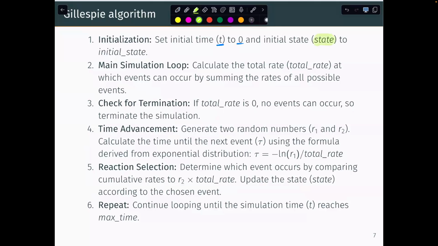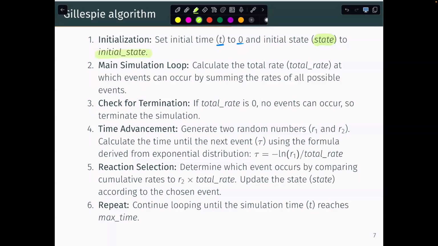When I'm saying a state vector, it's really just a record of what's going on in your population. So for example, in the kinds of models that we met before, like the intraspecific competition model, the number of individuals in phenotype I would just be your state vector. Okay, so we set it to some initial state.